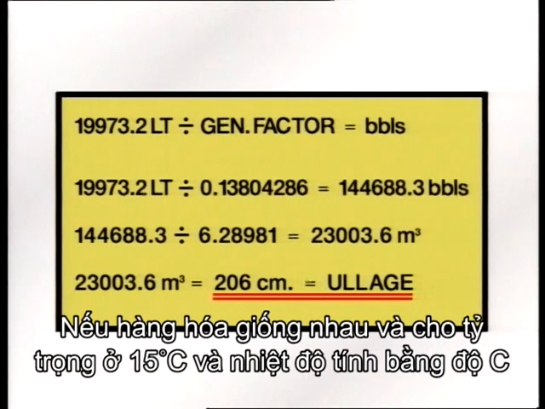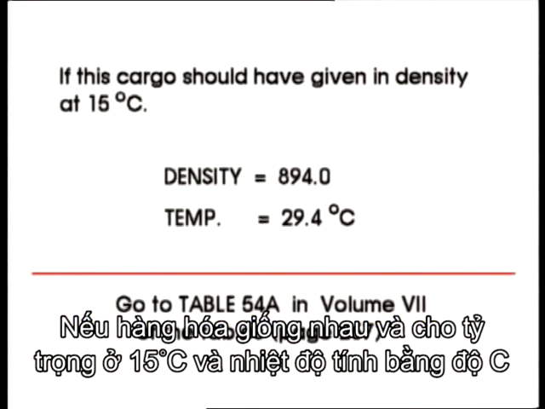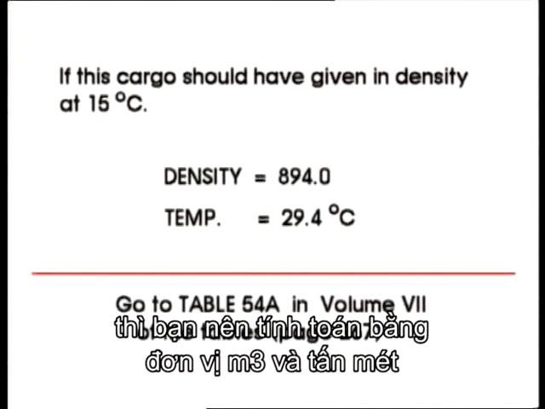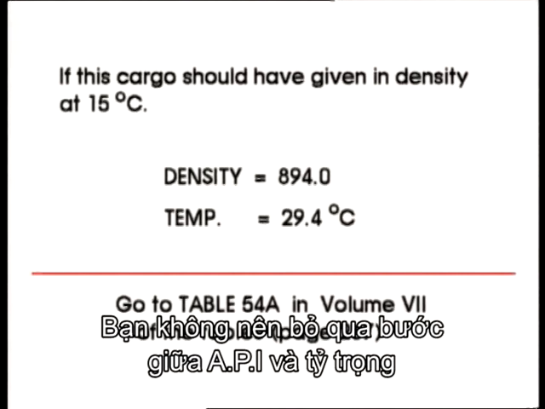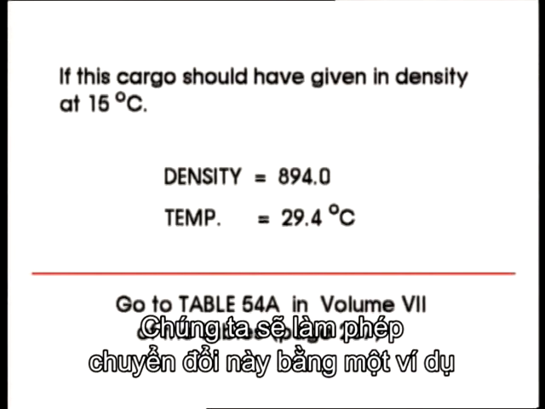If the same cargo were given in density, at 15 degrees centigrade, and with the temperature measured in centigrade, you would have worked in cubic meters and metric tons. You should never jump between API and density. We will do this conversion only as an example.